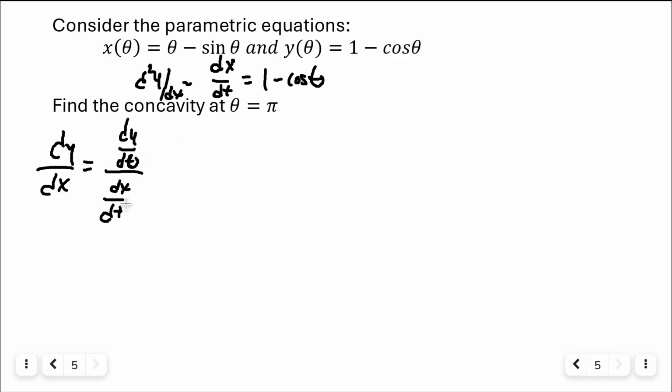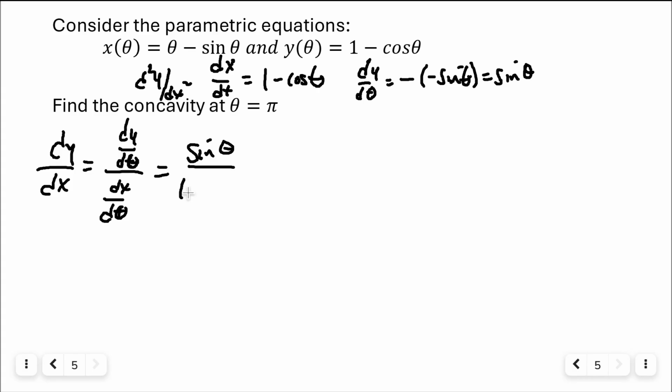Actually, these should be thetas. It's not t this time. dx/dθ is 1 minus cosine theta. And then dy/dθ: derivative of 1 is 0, derivative of negative cosine is negative negative sine, that's going to be sine. So dy/dθ is sine theta, and dx/dθ is 1 minus cosine theta.